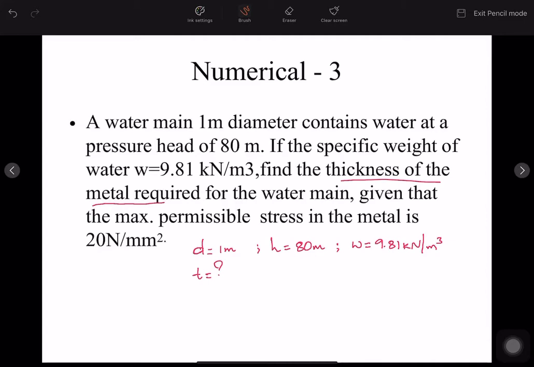Given that the maximum permissible stress in the metal is, again we are seeing different terminology. In the first numerical we saw safe stress. In the second numerical we saw maximum allowable stress. In this one a bit different terminology, which is maximum permissible stress.